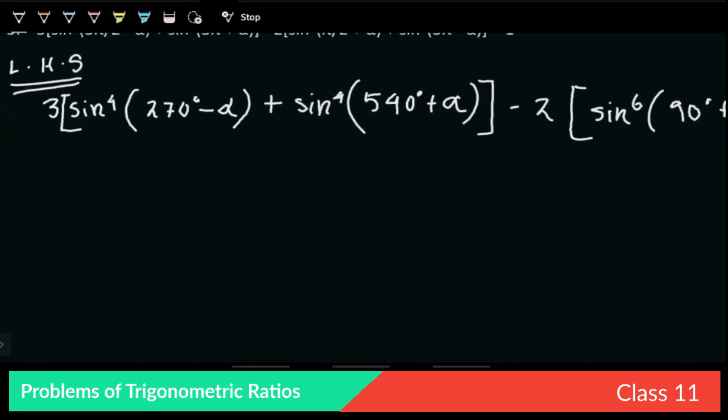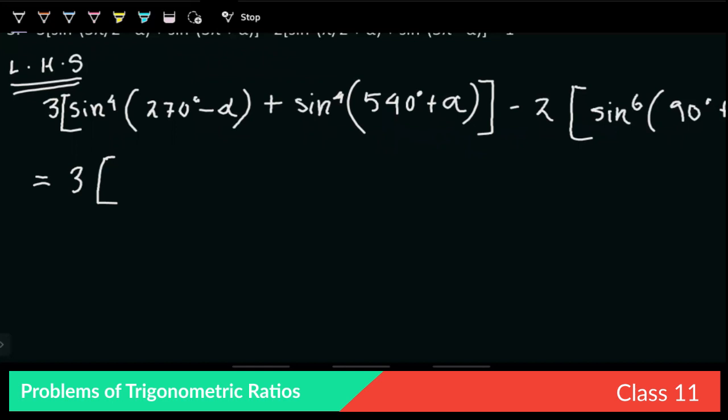Now see, it is 3 into, now see, what is sine of 270 degrees minus theta? Sine of 270 degrees minus theta is minus cos theta. Now here it is given sine to the power 4. So if I take the minus, that will also convert into positive sign, so there is no need to write any minus sign.